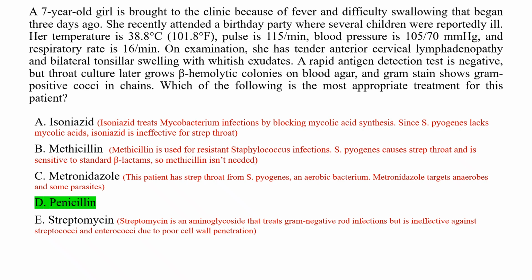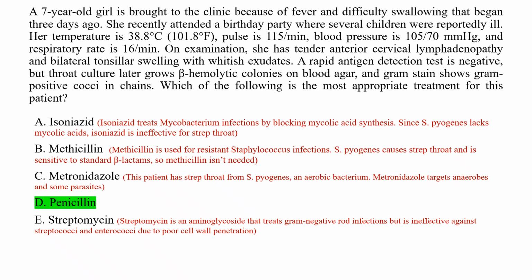And option C is incorrect because metronidazole is used to treat anaerobic bacterial infections and certain parasitic infections. It is ineffective against aerobic and facultative bacteria such as Streptococcus pyogenes.